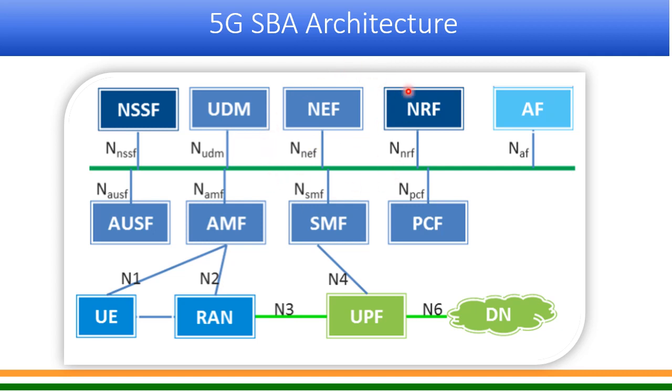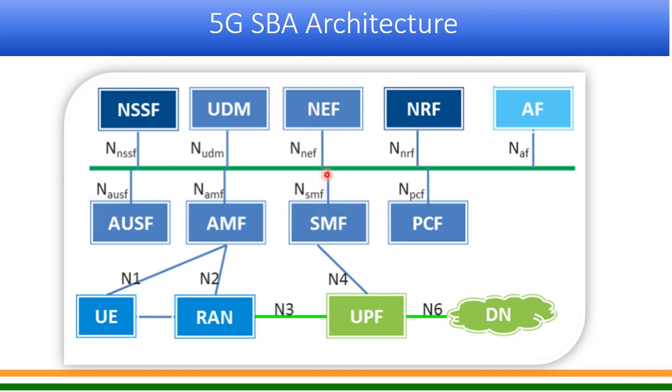Once you have this kind of environment, all these network functions can be deployed as a piece of software or microservice, and then they can talk to each other over the API. This is what enables the 5G SBA architecture to be deployed on an NFV infrastructure, a virtualized infrastructure, because of the architecture which 3GPP has created.